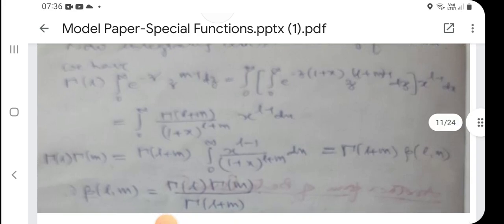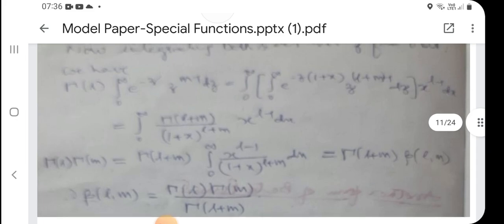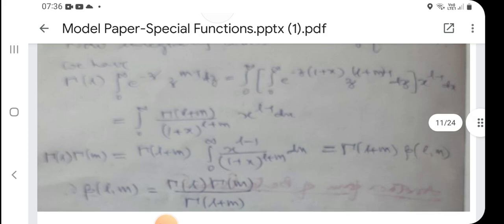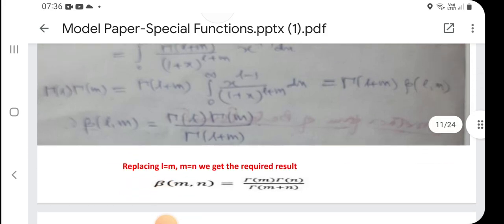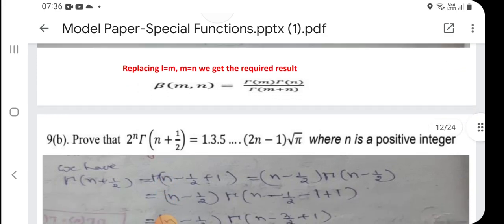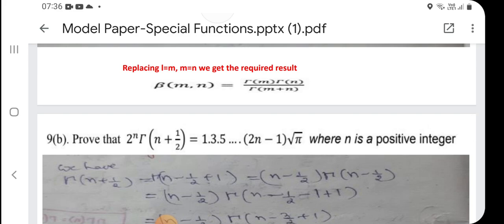So this is the standard formula: beta of L comma m equals gamma of L into gamma of m divided by gamma of L plus m. Replacing L with m and m with n, we get beta m comma n equal to gamma m into gamma n divided by gamma of m plus n.